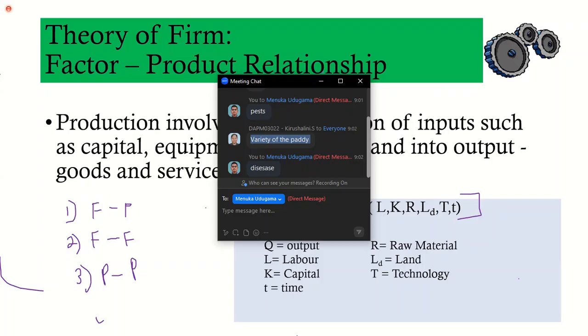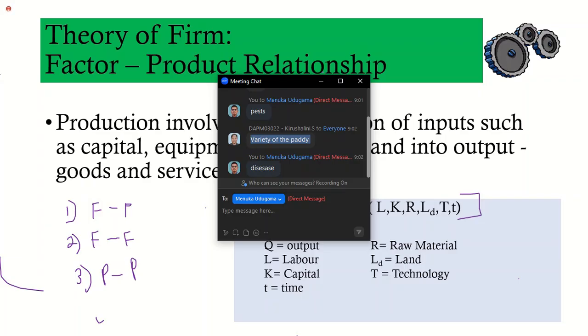Now that's a very good factor that affects the production, because we know climate change definitely affects, or climatic factors or weather factors will affect the production of crops. Since we are dealing with agriculture, crops or livestock, we know that would have a major impact. So pest and disease attacks, weather impacts will determine the amount of output that's produced.